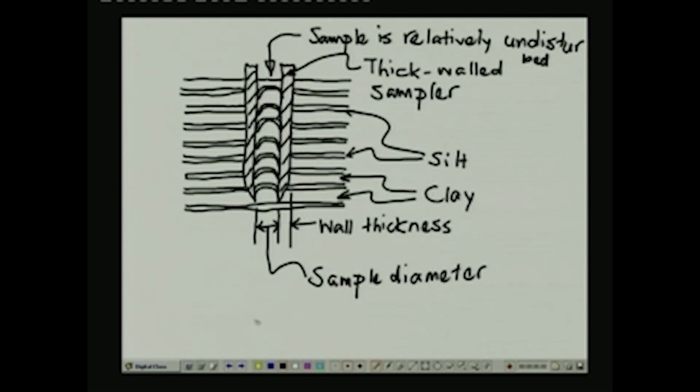So, if we could devise a sampler of relatively large diameter and small wall thickness, and introduce some ways of reducing the friction inside the sampler, then we are going to improve the sample quality to a great extent. That is why thin walled and large diameter samplers are used routinely to obtain high quality samples.